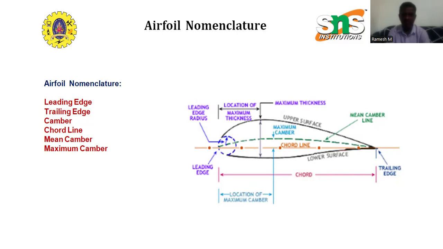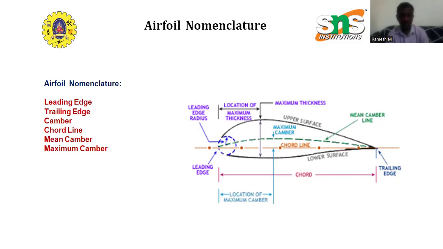There is some amount of lift produced in a cambered airfoil. Camber can be optimized for specific flight conditions to enhance the lift and reduce the drag. NACA 2412 is a commonly used cambered airfoil with 2% camber and 12% thickness.